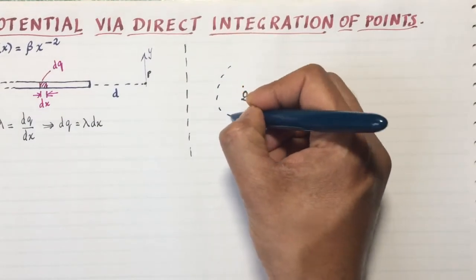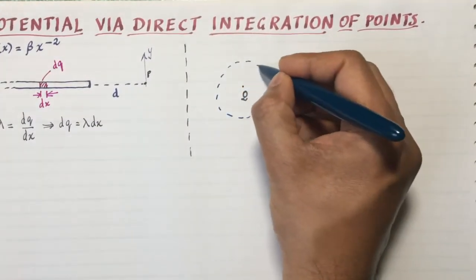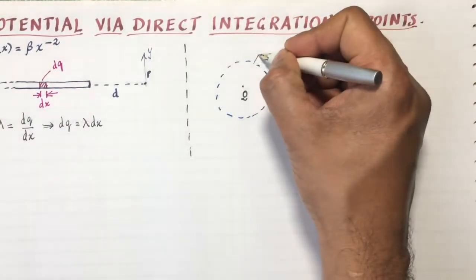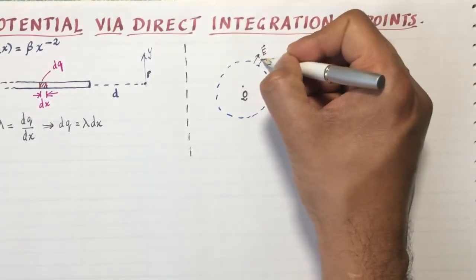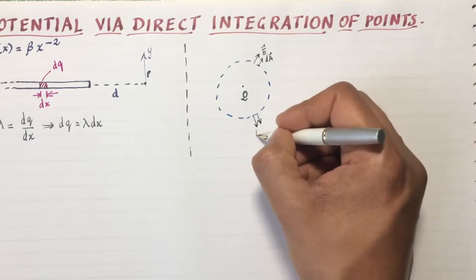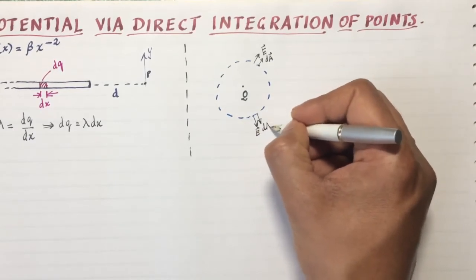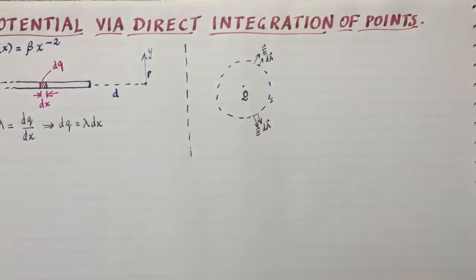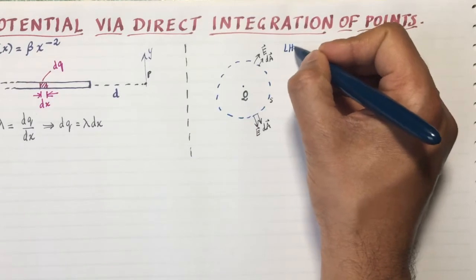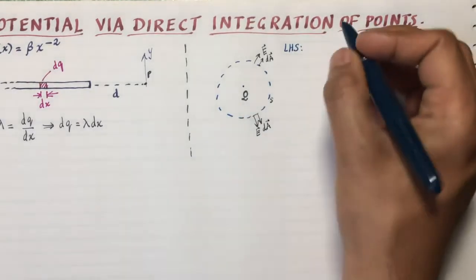Now the left-hand side of Gauss's law will have all the hallmarks of spherical symmetry because you're going to have the electric field and the dA vector parallel to each other no matter where you go on the Gaussian surface S, which is a sphere concentric with the charge. So the left-hand side of Gauss's law will go as always.